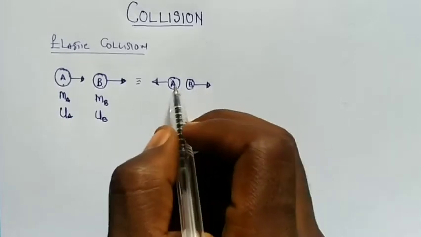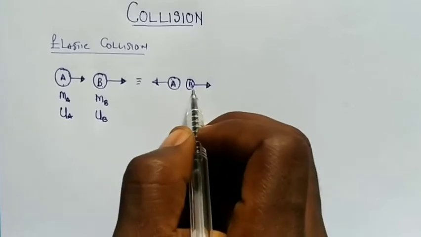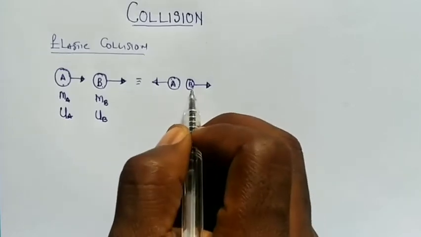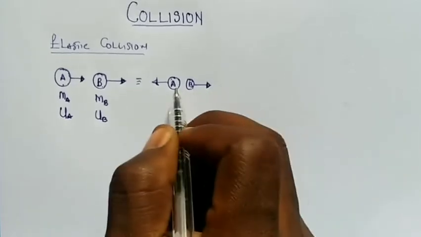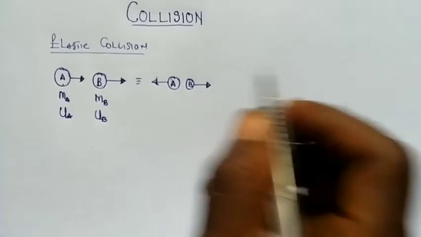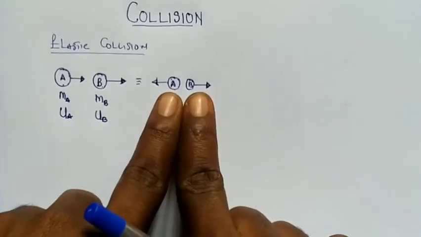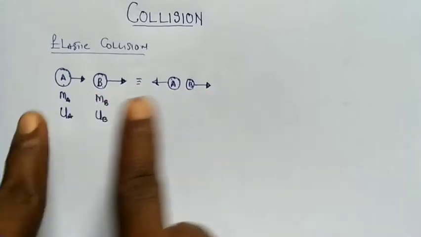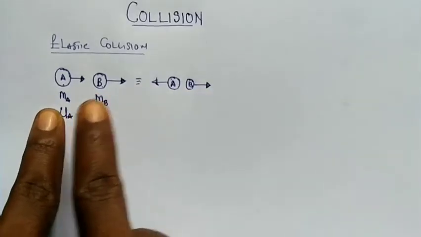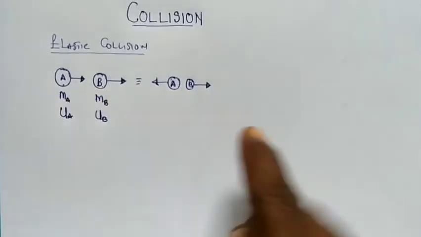Or definitely A slows down and the speed of B increases due to the impact of A. Now the bodies have come together and are separating. This is before impact and this is after impact.